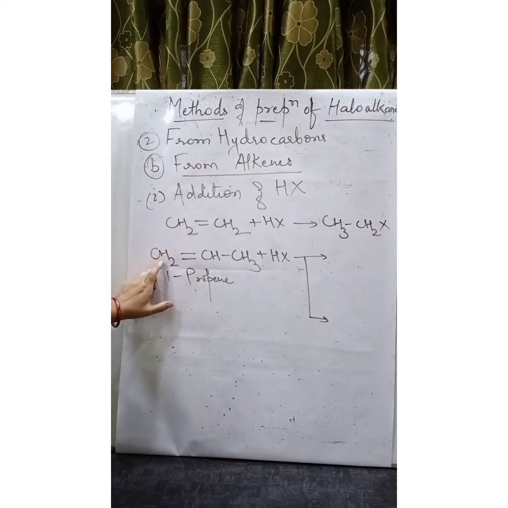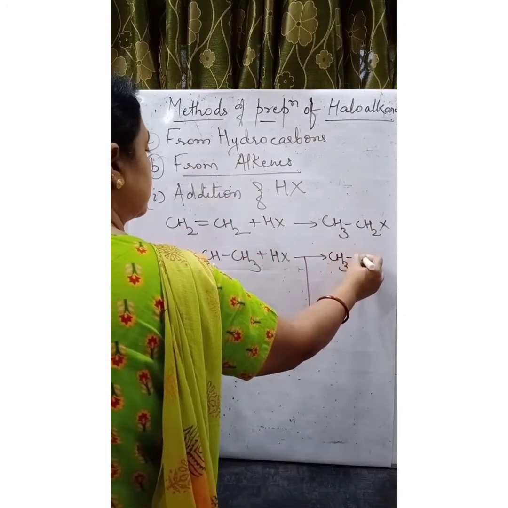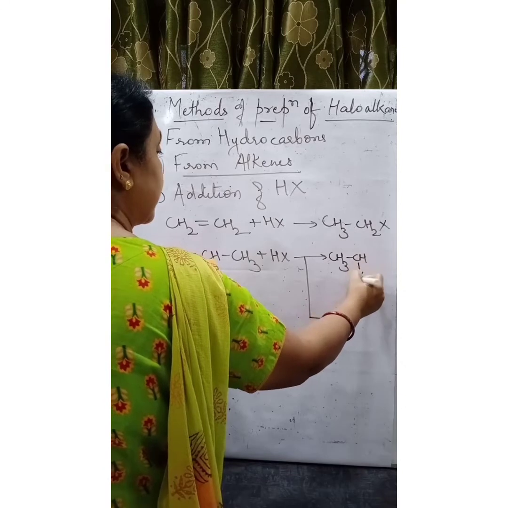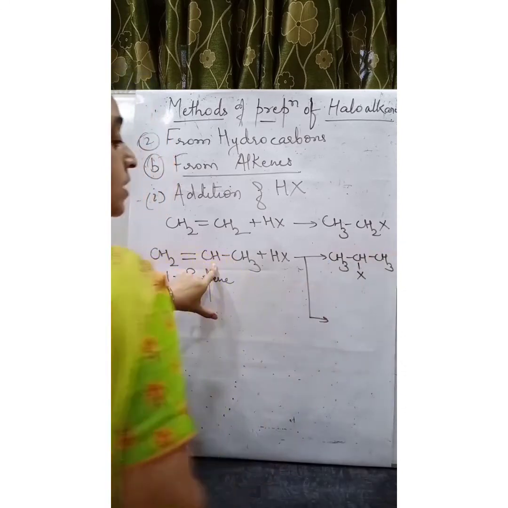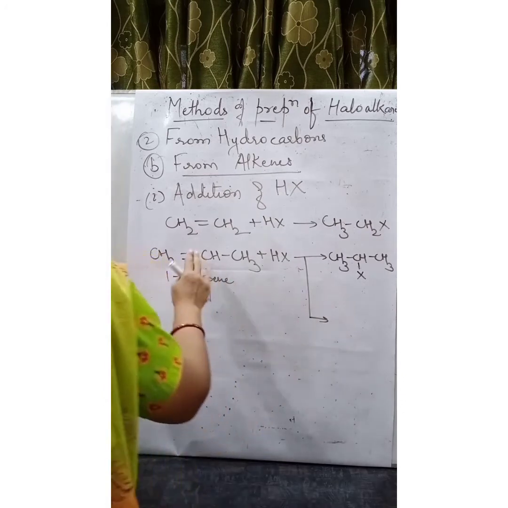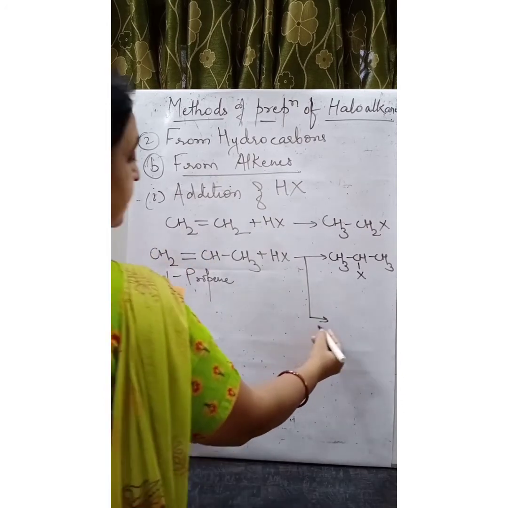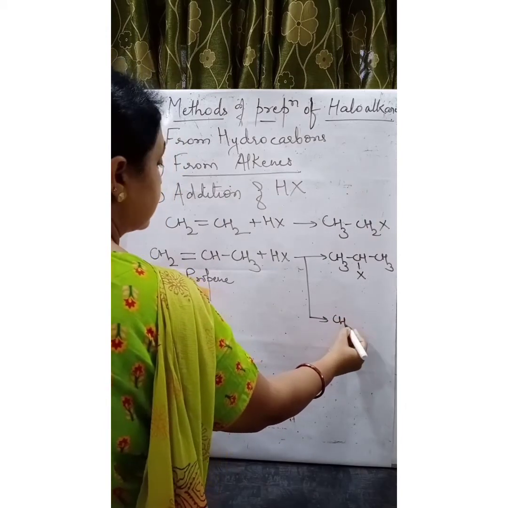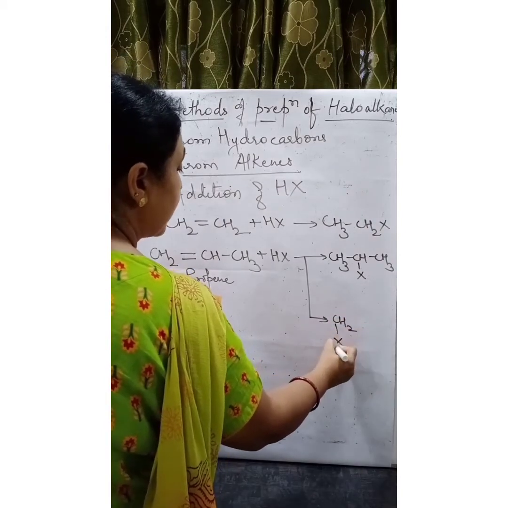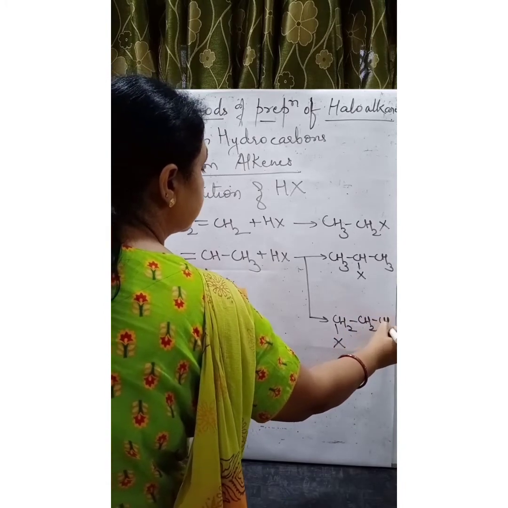One possibility, hydrogen gets added here and halogen here. So I am getting the product as CH3CHXCH3. And in another case, halogen gets added on the first carbon and hydrogen on the second carbon. So I am getting CH2XCH2CH3.